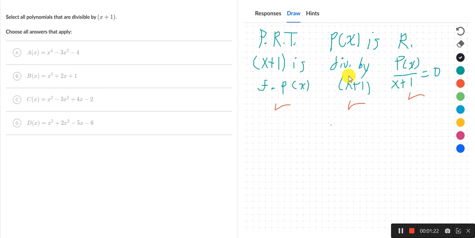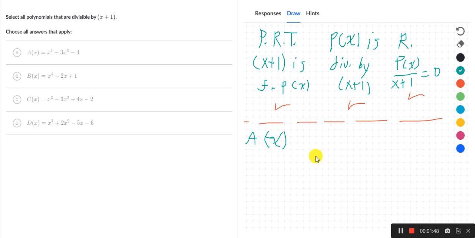All right, so what you're trying to do here is to determine whether each one is fully divisible by x plus 1. That means the answer shouldn't be anything other than 0.